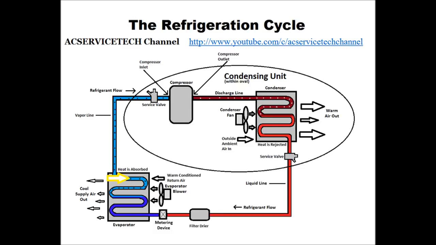Ideally you'd take your temperature and pressure readings right after it gets out of the evaporator coil, but we usually don't have ports there, so we take our reading as a total superheat out at the compressor. But basically, superheat is the temperature increase in vapor form in the evaporator coil.